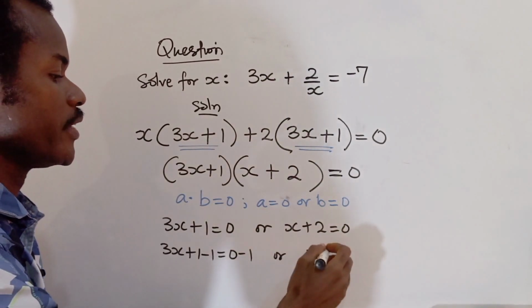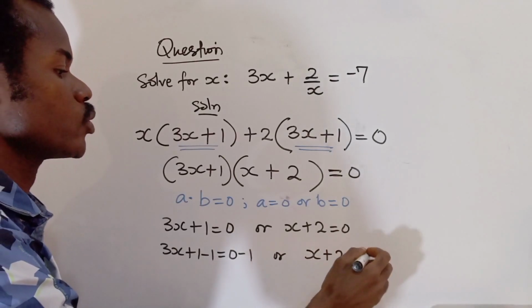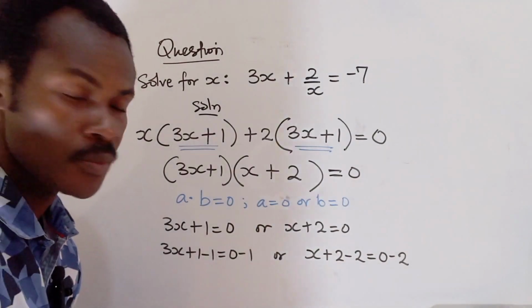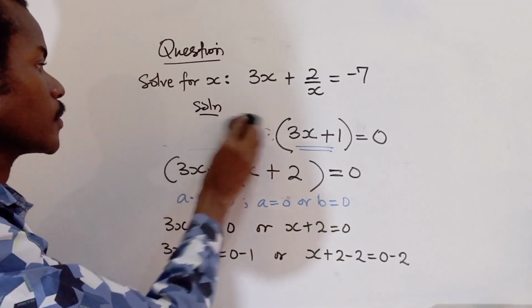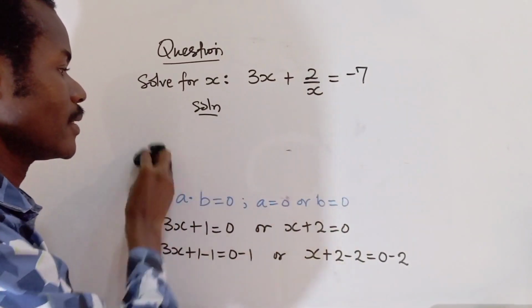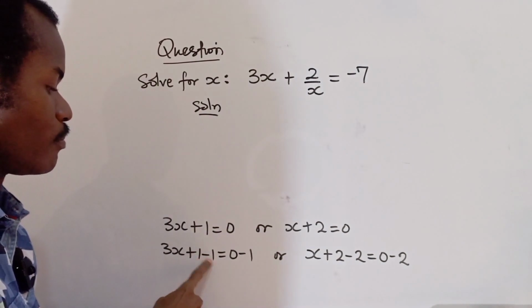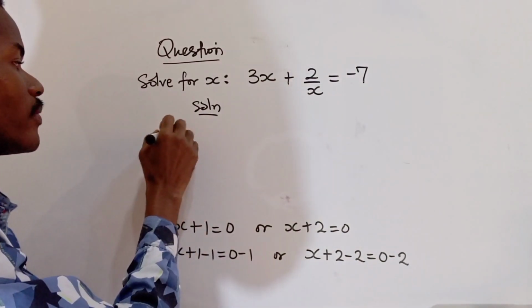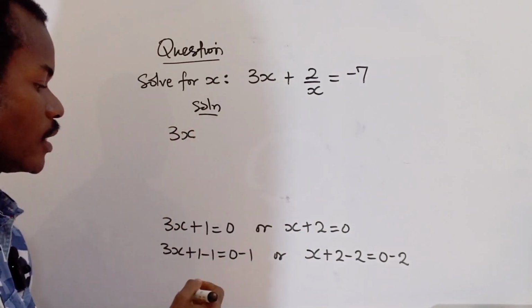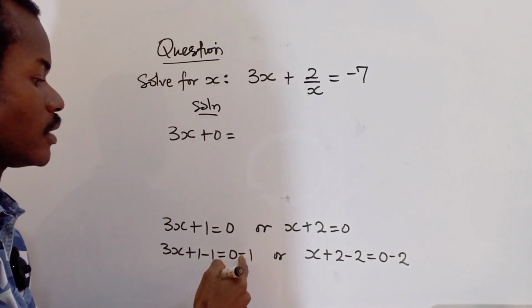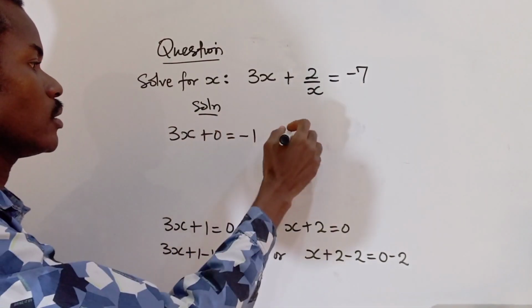Since I have plus 2 here, I want to subtract 2 from both sides. Okay, so let's see what that will further give us. So we have plus 1 minus 1 is 0, so we have simply 3x plus 0, which is equal to 0 minus 1, which is minus 1.